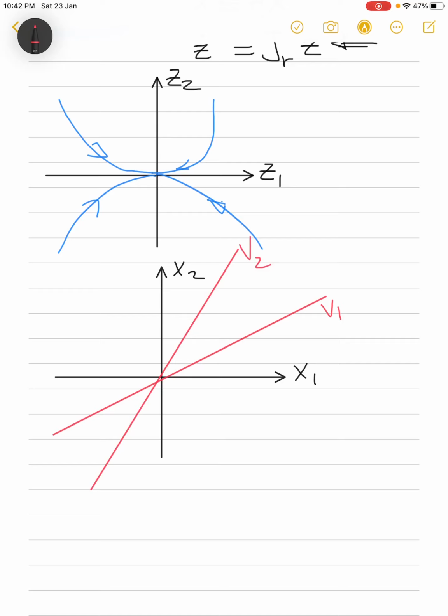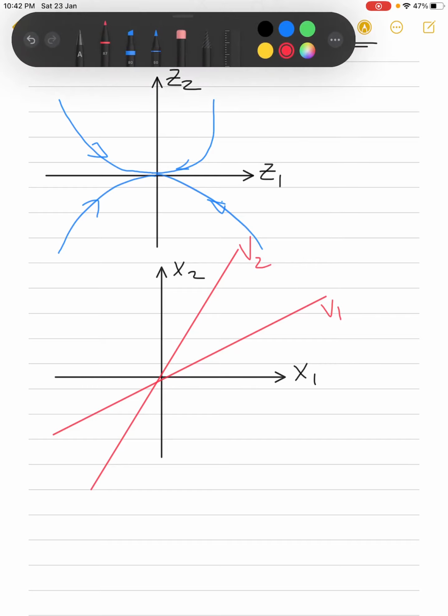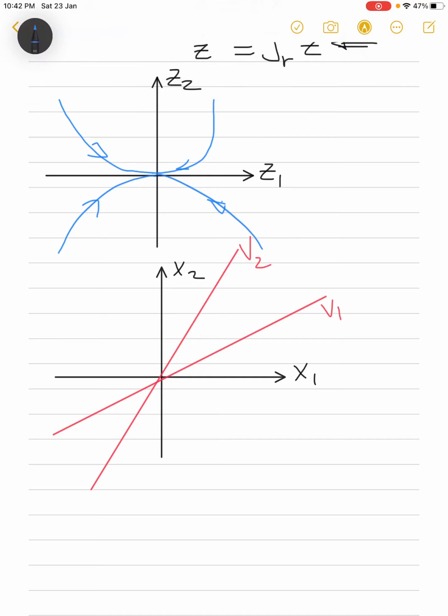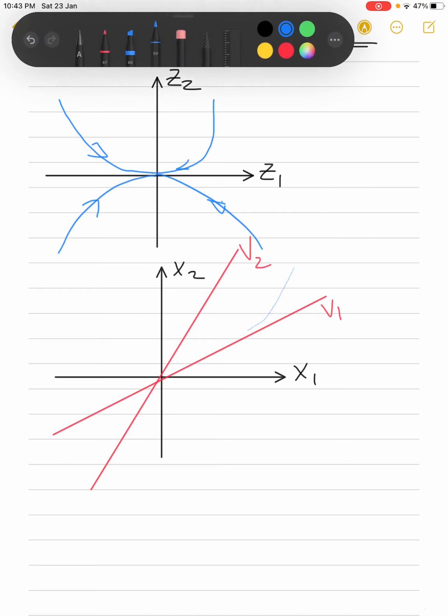They will not be orthogonal, and they will not be along the x1 and x2 axes. However, the phase portrait will still correspond to a stable node, but it will be rotated, so it will be along the axes v1 and v2, and it approaches the origin asymptotically along the v1 axis.